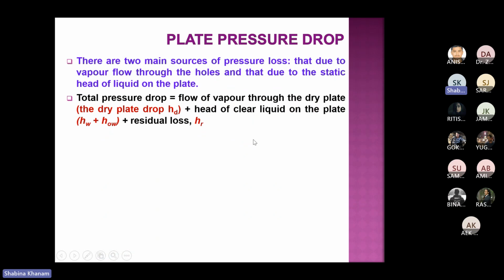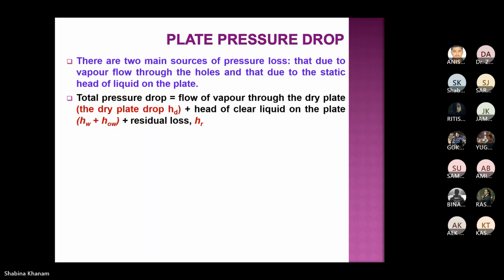Liquid we count in a different way, like the head of the clear liquid on the plate. hw is the weir height that we have discussed in many classes before, and how is the crest height, how much layer of liquid is available over the weir. These two give the total head, which we call the static head. Further, we have some residual losses, which we represent as hr.